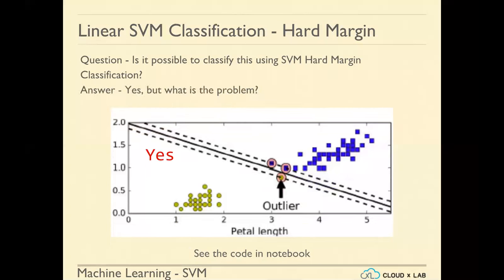So yes, it is possible to classify this kind of data. This is another data set where there is one particular outlier. It is possible to use SVM hard margin in this case, but what do you think is a problem?